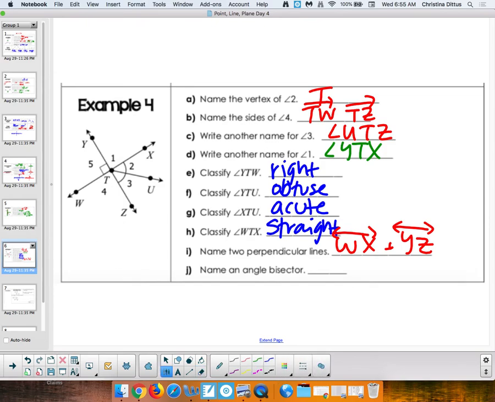And then angle bisector: anytime you see bisect, look for your marks. In this case, we've got the angle curved ones. So I know that those two angles are congruent, which means this right here has to be my bisector. That's the thing that cuts this angle in half to make the congruent parts. So that is a quick run through of angles.